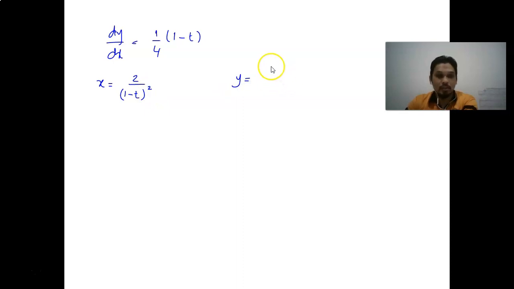Then dy/dx equals 1 over 4 (1 minus t). Okay. So x equals 2 divided by (1 minus t) squared, and y equals t divided by 1 minus t.